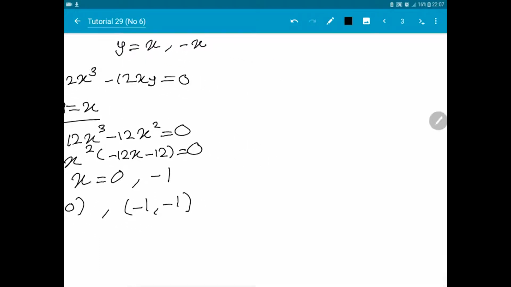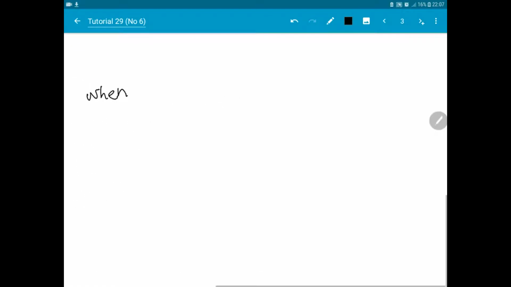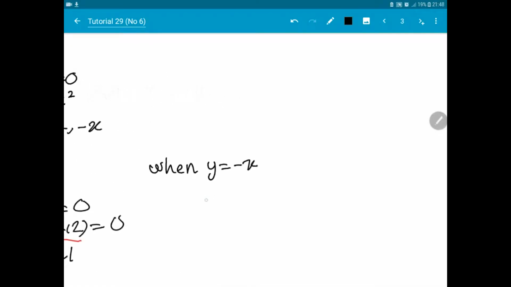And we also need to find when y equal to negative x. We will get negative 12x cubed plus 12x squared equal to 0.